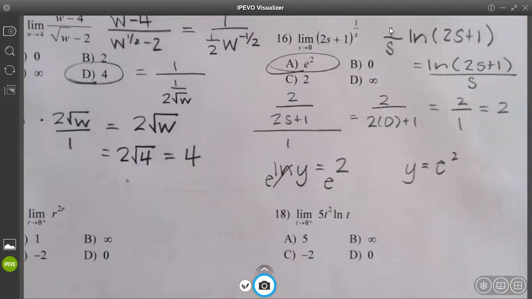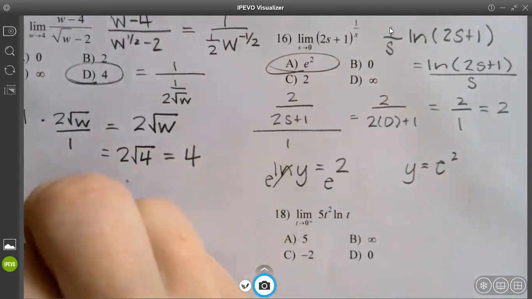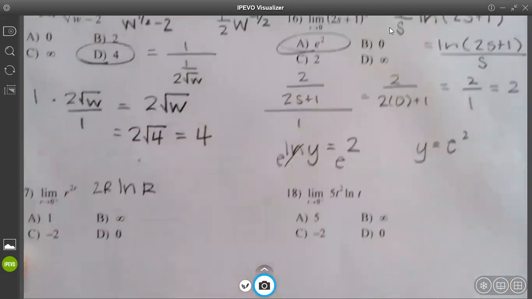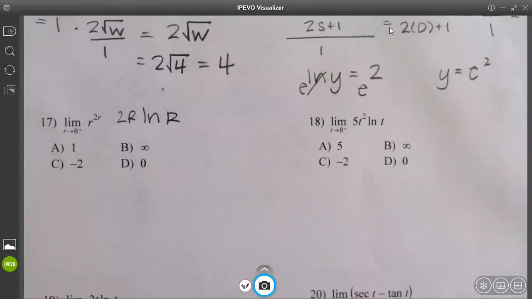Same thing on the next one. How do I get the 2r down? ln. So I'm going to have 2r ln r. How do I fix it so that we have it on the bottom?